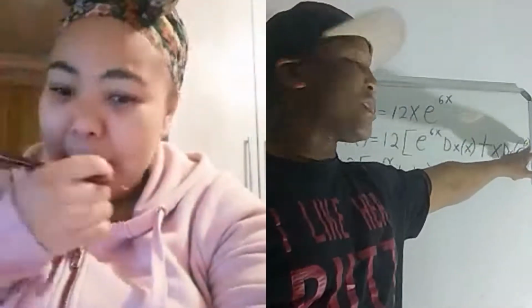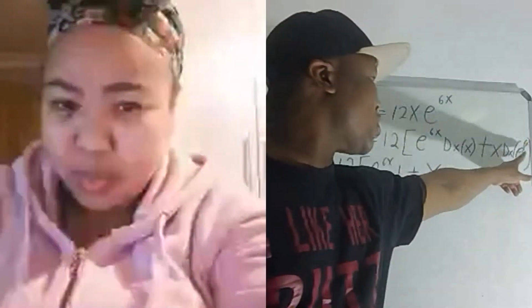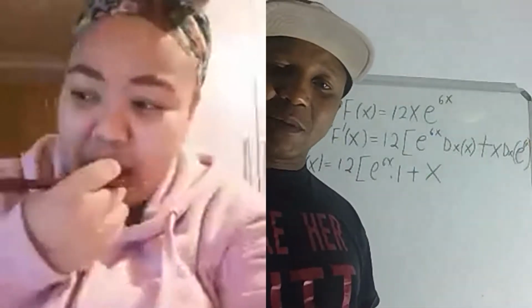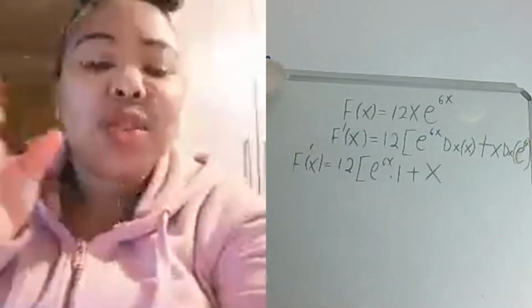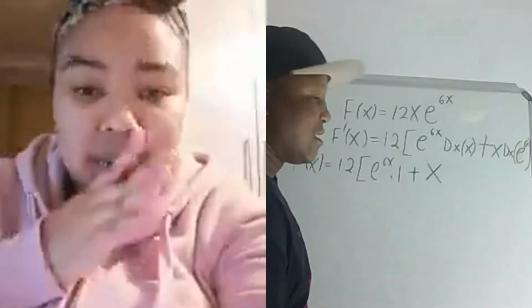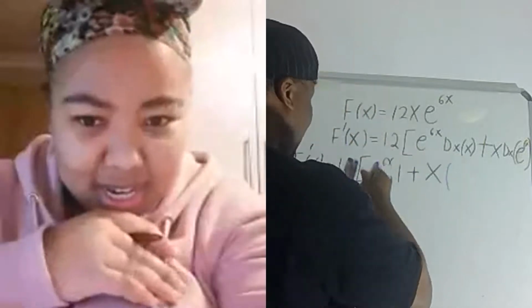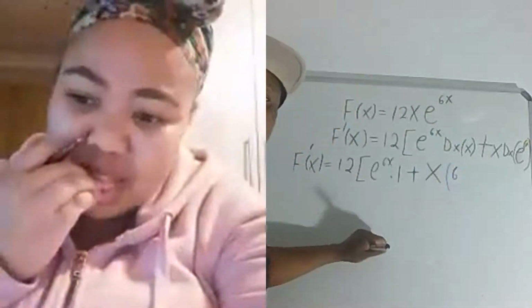Whenever I have an e with a power, we differentiate the power, and we get the number right behind. Do you remember that? If somebody gives you e^(6x), you write the 6 behind. So let's write our bracket here, with 6 behind.